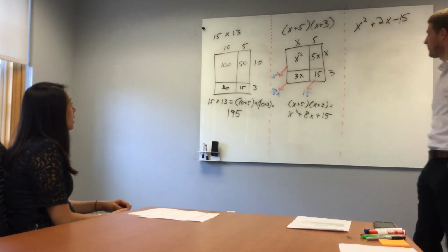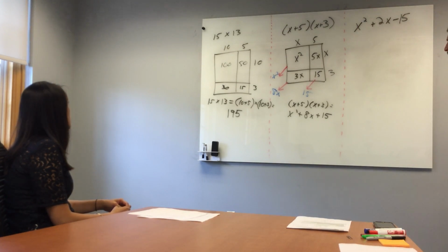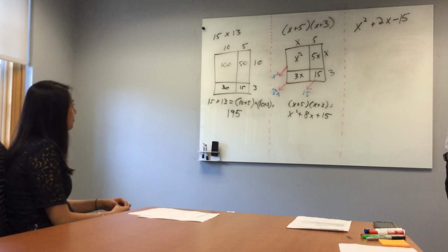What are you noticing? It's the same exact process. It's just now in part B we have variables. We're still using partial products, we're adding our partial products to get a product.